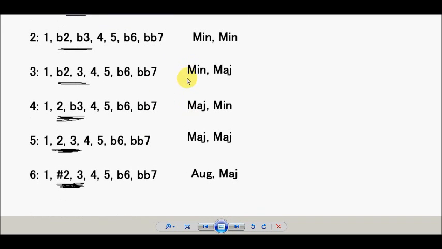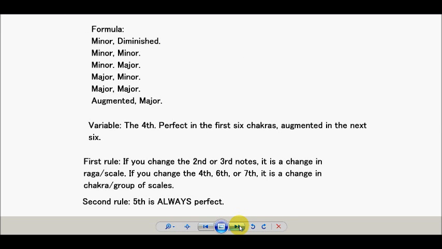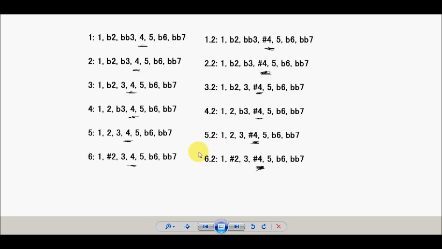And if you do this through each scale into each chakra, you do get 72 unique scales. And to go from the first 6 scales to the second 6 scales, you change the fourth from a perfect interval to an augmented interval.